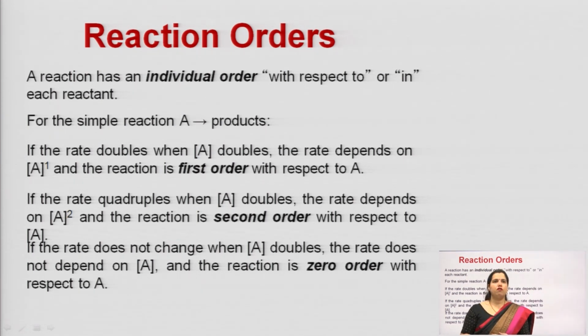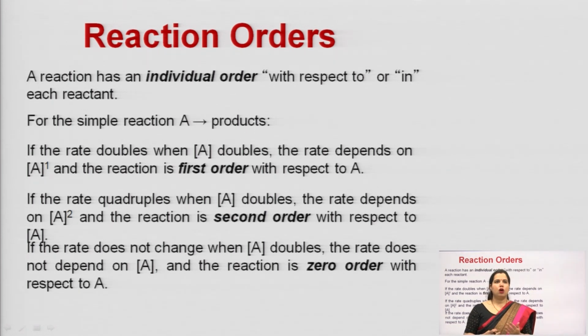So, for the simplest reaction, A gives the product. If the rate doubles when A doubles, the rate depends on A and the reaction is first order with respect to A. That means the rate depends on the concentration of A, which gives you a first order reaction.